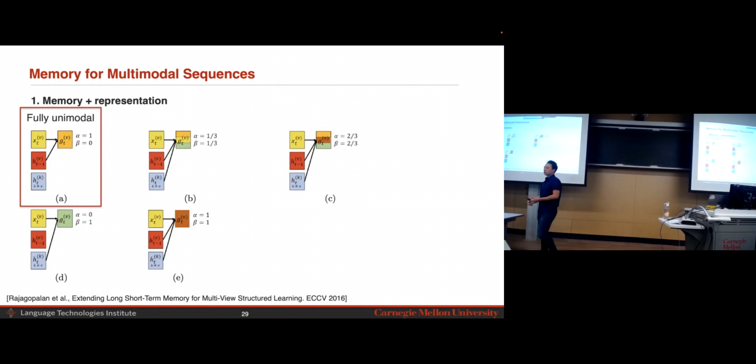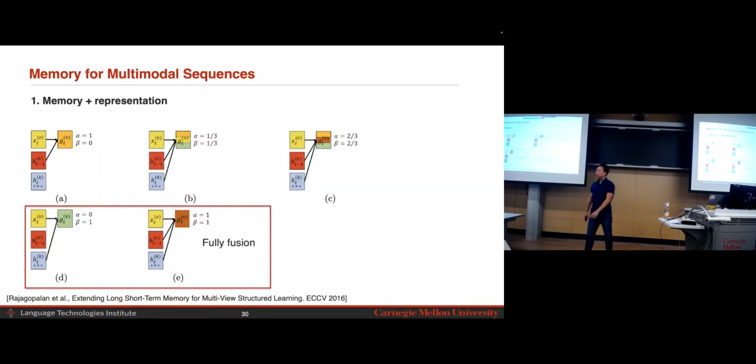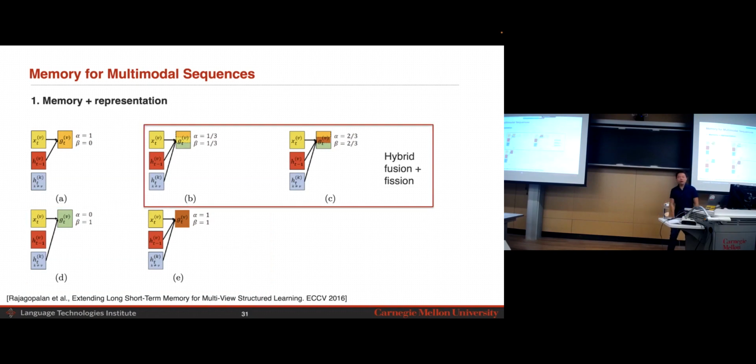That's fully unimodal in memory, but with late fusion perhaps at the end after you've encoded everything. If beta is fully 1, I'm also fully interjecting information from the other modality. That's the fully fused case, so what you store into memory is a fully fused representation. And with alpha and beta both between 0 and 1, you get some hybrid: both a fusion hybrid and a factorized fission hybrid, because you're combining information but also keeping information separate.